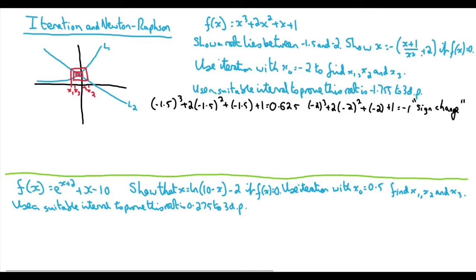Then, to show that you can create this expression if f of x equals 0. Well, if f of x equals 0, then this equation equals 0, and so we can move most of these terms over the equal sign and get the minus of them. So that if we just left the x cubed on its own, that would then equal the negative. And rather than just doing the negative signs of all of these, because the thing we're trying to show is in a bracket with a negative in front, I'll just keep it in that form as well.